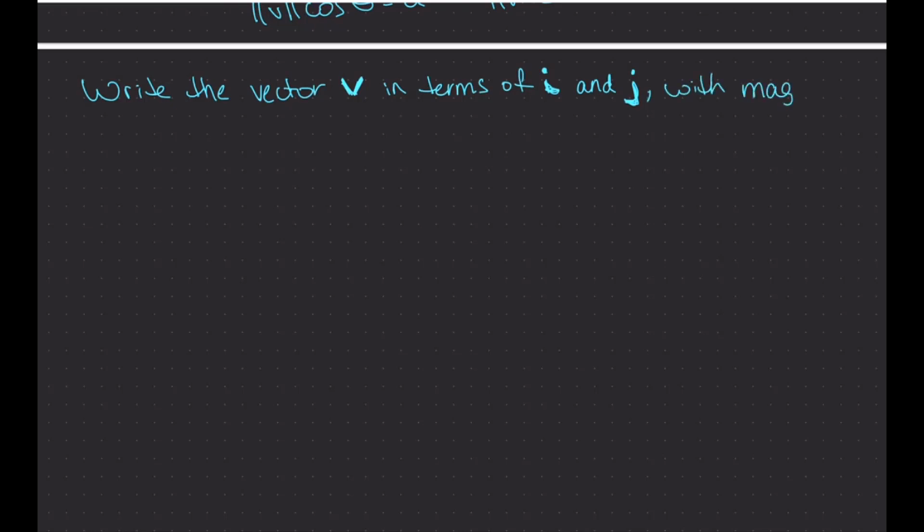And they're going to give us a magnitude. There's our little lines with our vector in there. And they got to give us a direction, right? Because what makes a vector? Magnitude and direction.